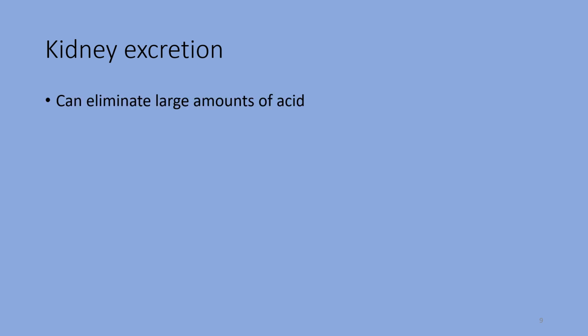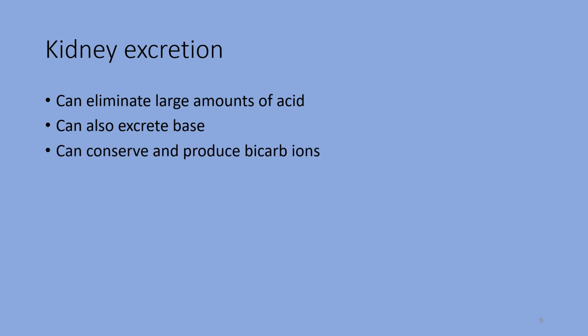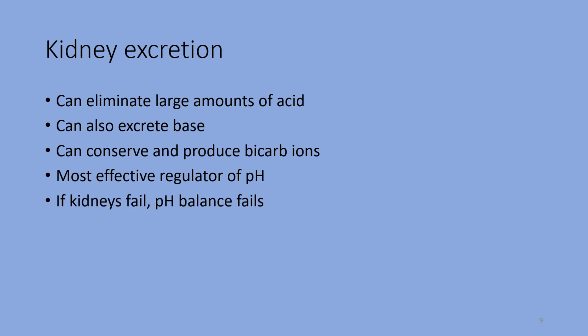Kidneys play an important role in acid-base balance. They can eliminate large amounts of acids, and can also excrete base and conserve bicarbonate ions. They are the most effective regulator of pH over a long time.